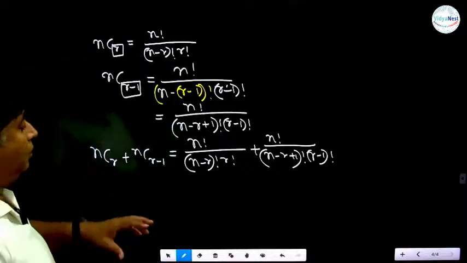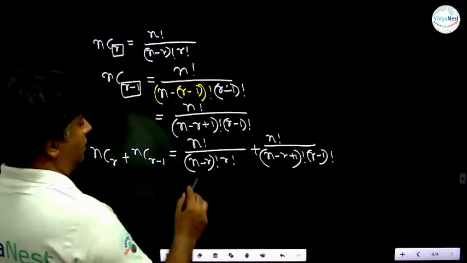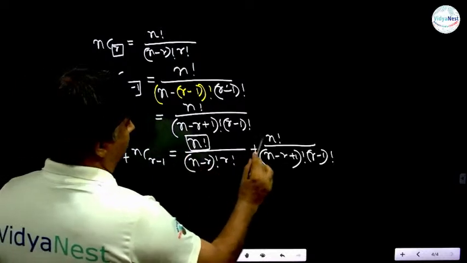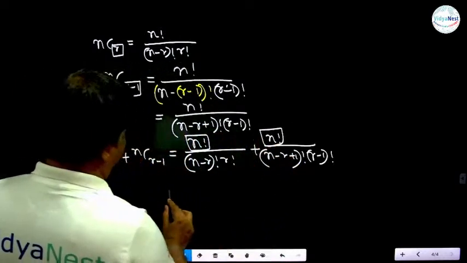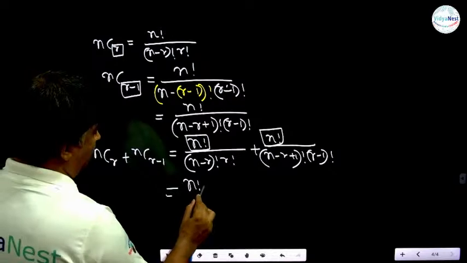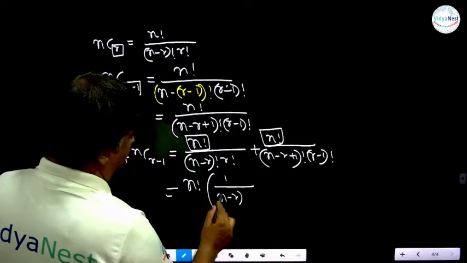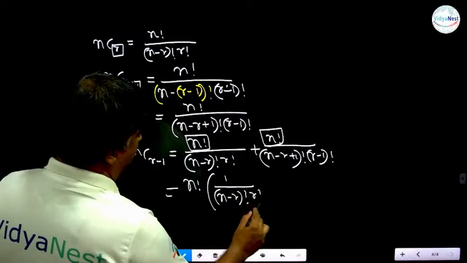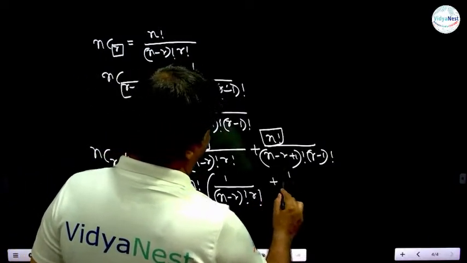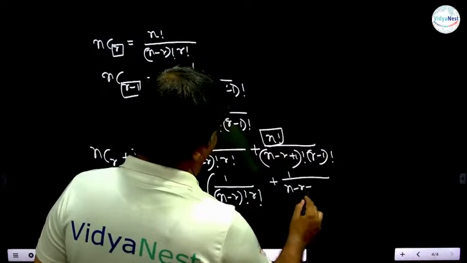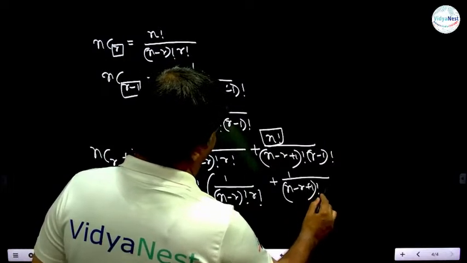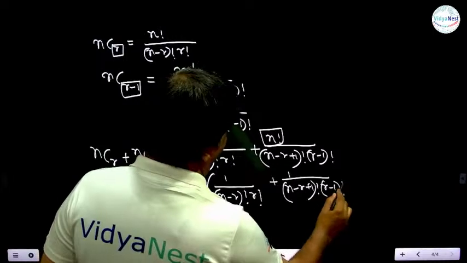Now what seems common to us? Factorial n I can take common. If I take factorial n common, what will be left in the bracket? 1 by (n minus r) factorial r factorial, plus 1 by (n minus r plus 1) factorial into (r minus 1) factorial.